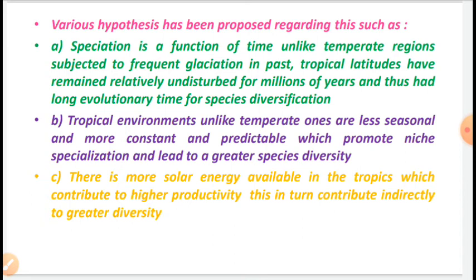First one: speciation is generally a function of time. Unlike temperate regions subjected to frequent glaciation in the past, tropical latitudes have remained relatively undisturbed for millions of years, and thus they had a long evolutionary time for species diversification. This is the first hypothesis.